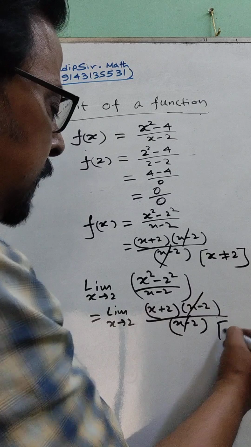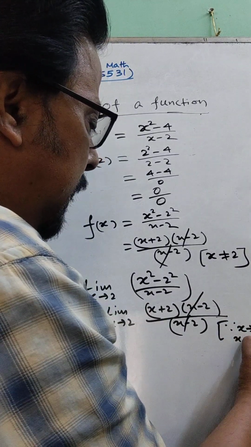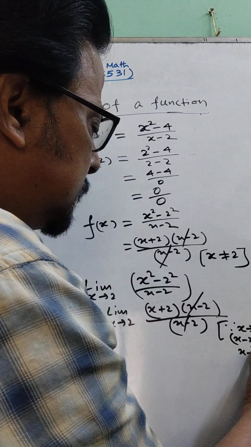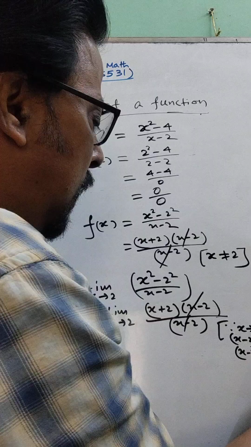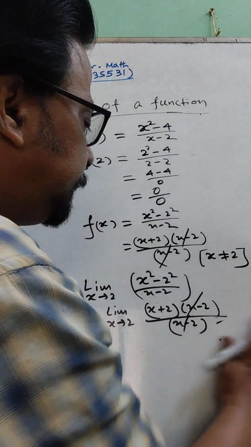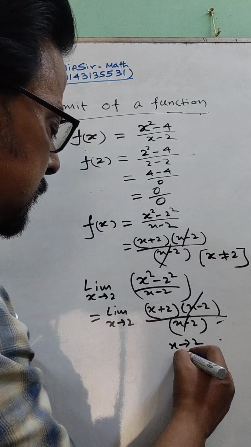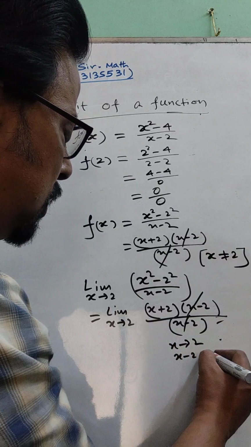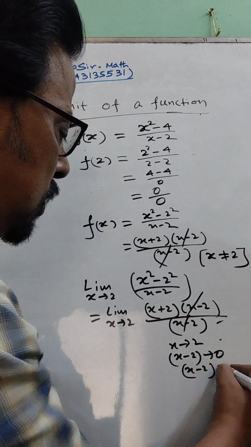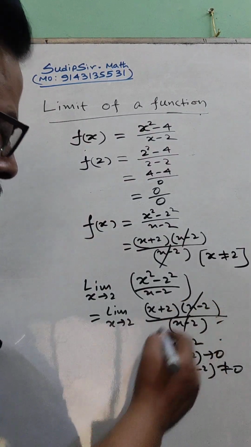Cancel this and give the condition: since x tends to 2, x minus 2 tends to 0, but x minus 2 is not equal to 0. That's why we can cancel this.